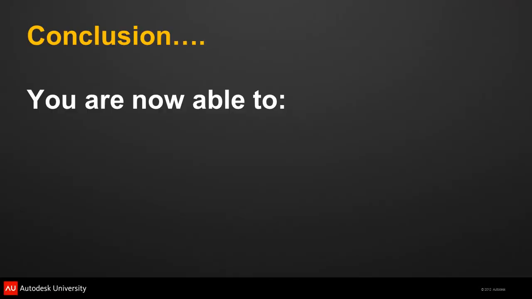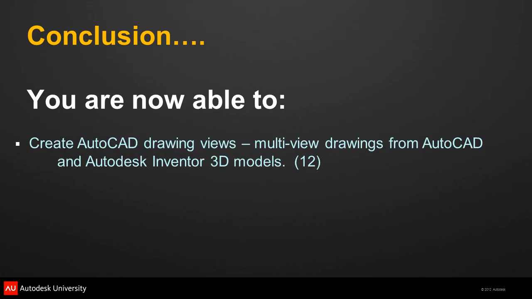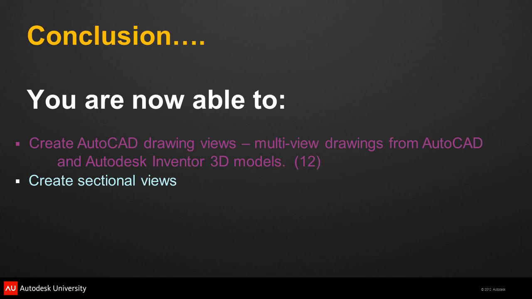In conclusion, you are now able to create AutoCAD drawing views from multi-view drawings, orthographic projection, and isometric views from AutoCAD and Autodesk Inventor 3D models. We looked at least 12 different examples.